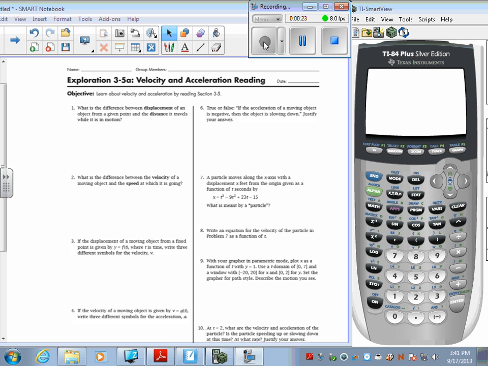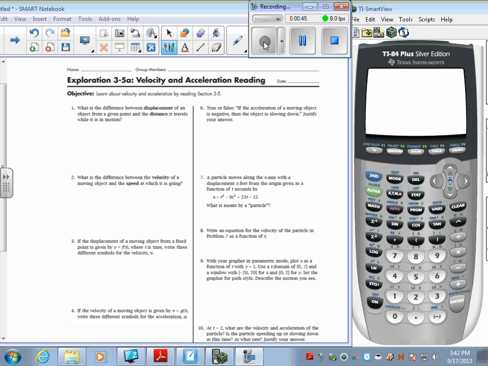First question is, what's the difference between displacement of an object and the distance it travels while it's in motion? The only difference is really displacement will give us a direction, meaning the object went forward versus backwards, whereas the distance it travels is always going to be a positive value. It does not tell you whether the object traveled forwards or backwards.